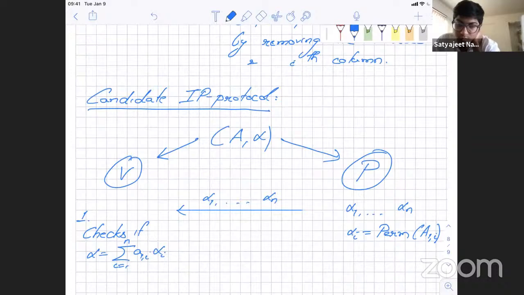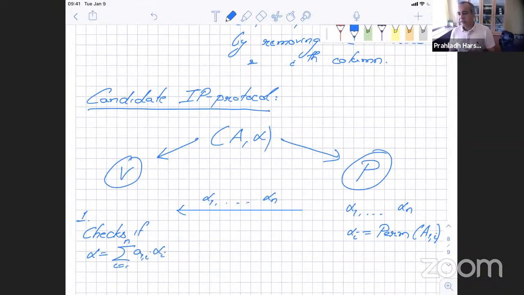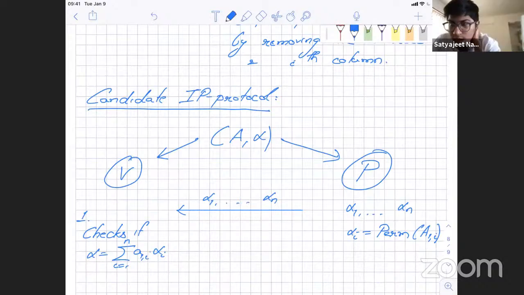But now it further needs to find out, are these alpha i's correct? What it has checked is that, assuming the alpha i's are correct, alpha is correct. It needs to check if the alpha i's are correct, and again it will check if A1i, alpha i is in the language.